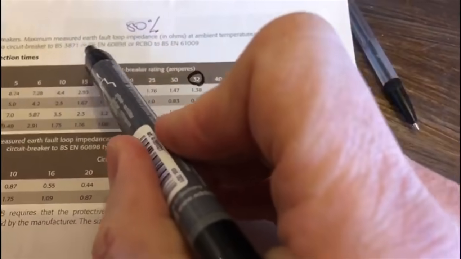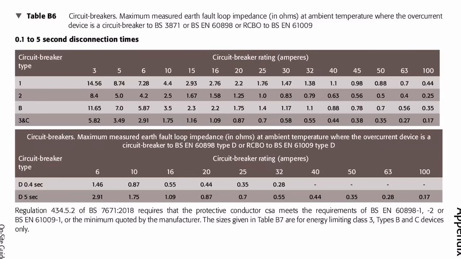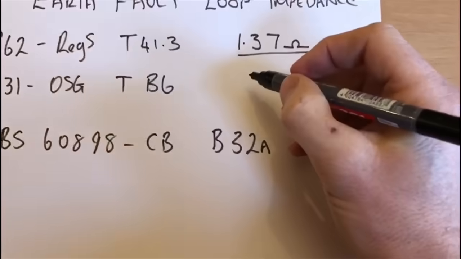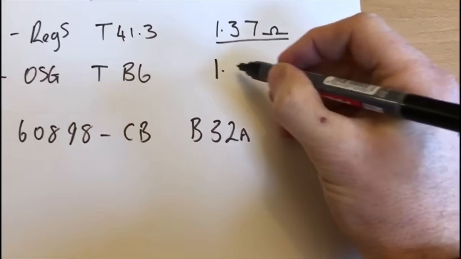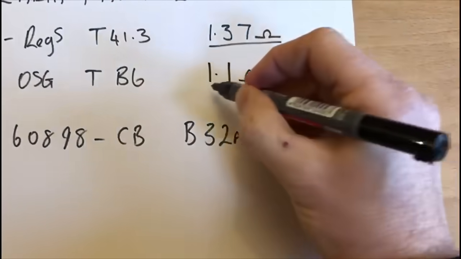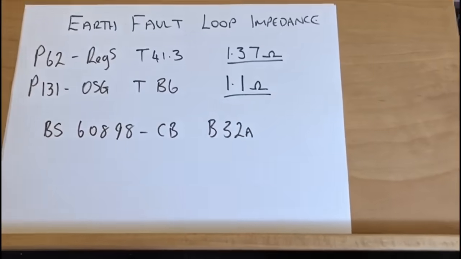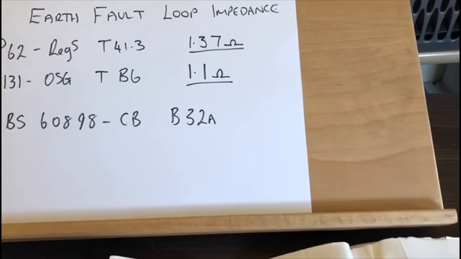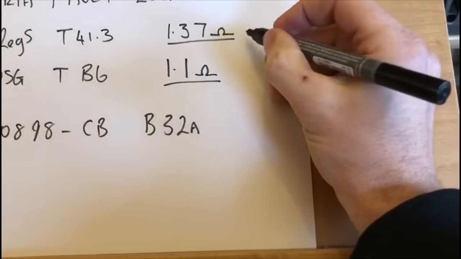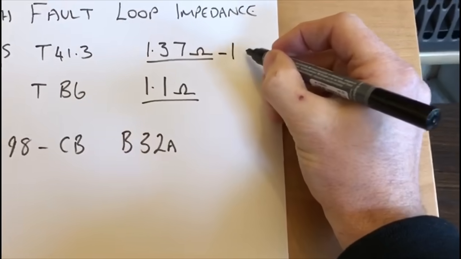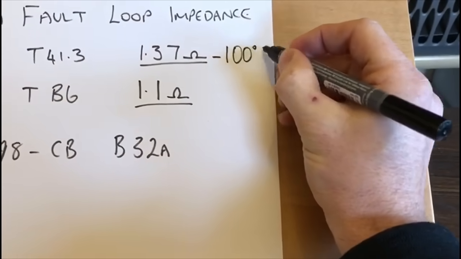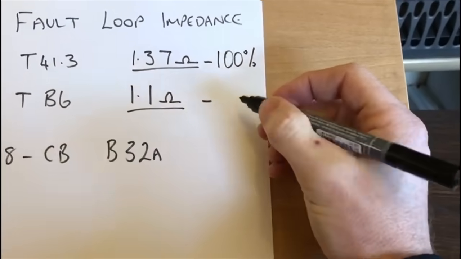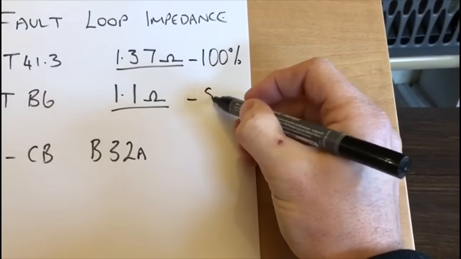Again, it's a 60898 or 61009, type B, 32 amp. So the on-site guide value is 1.1 ohms. Now the interesting thing is, this value is what we call the 100% value, and this one is the 80% value.